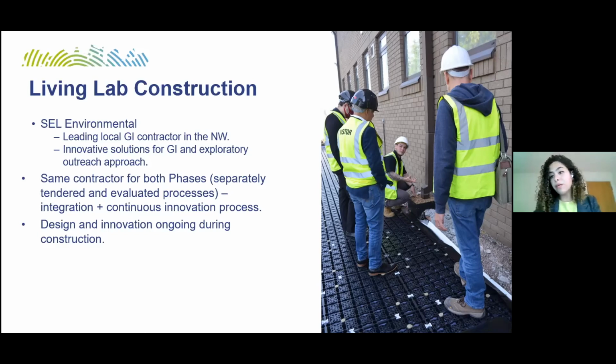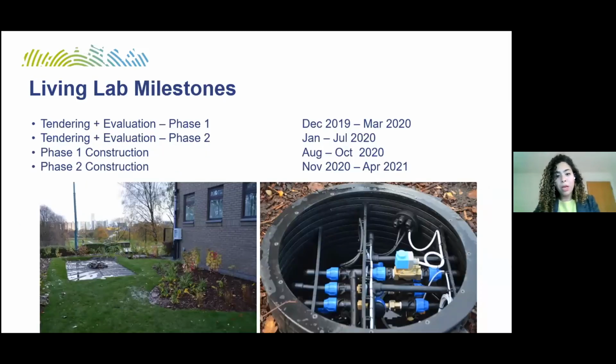And one very, very lucky thing that happened was that the contractor for phase 1 and phase 2 turned out to be the same contractor. They bidded for phase 1 and phase 2. Even though it was very close, however, we did see that this has supported phase 2 and made a lot of connections to phase 1. So consistency along the process was quite important as well.